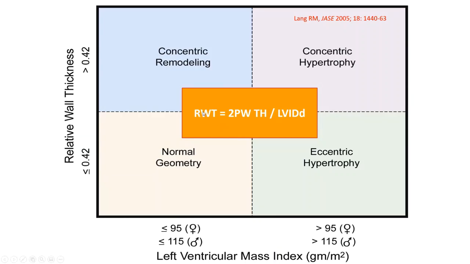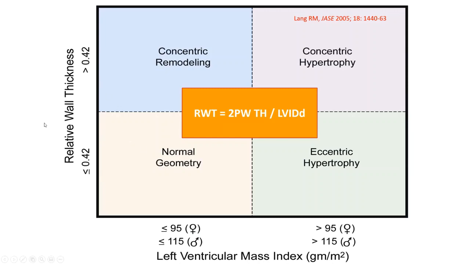If at the same time we take twice the posterior wall thickness and divide that by the left ventricular diastolic dimension, we can subdivide the hypertrophy and the non-hypertrophy group into those who have an increase in the relative wall thickness, meaning a high ratio of wall thickness to cavity dimension, versus those who have a normal ratio.